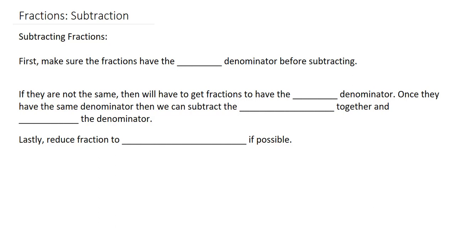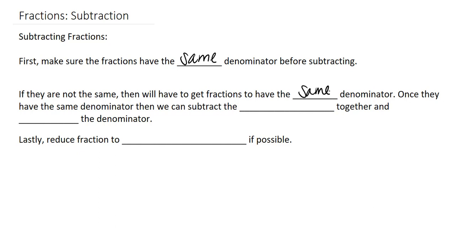Subtracting fractions. Just like in addition, first we're going to have to make sure the fractions have the same denominator before subtracting. If they're not the same, then we will have to get the fractions to have the same denominator.